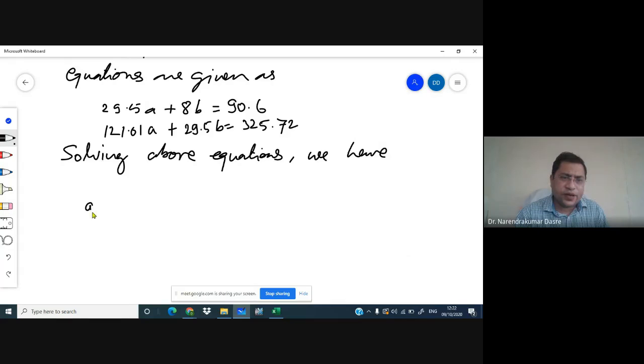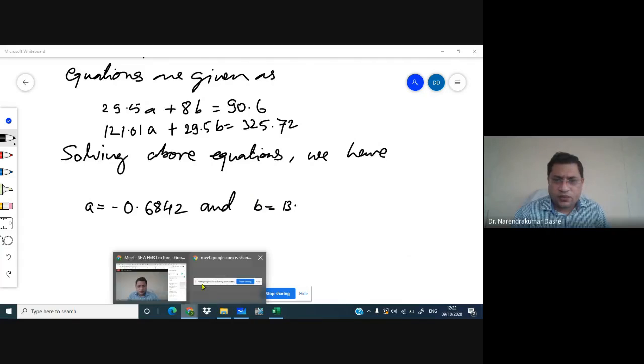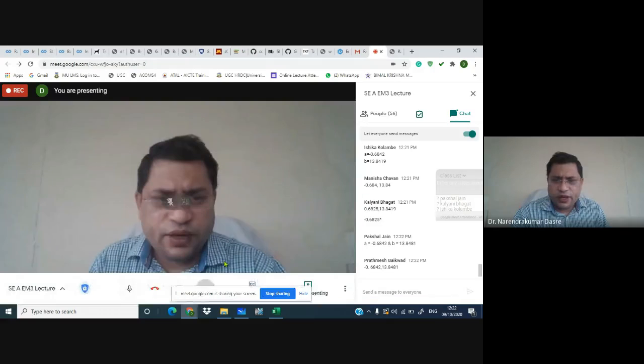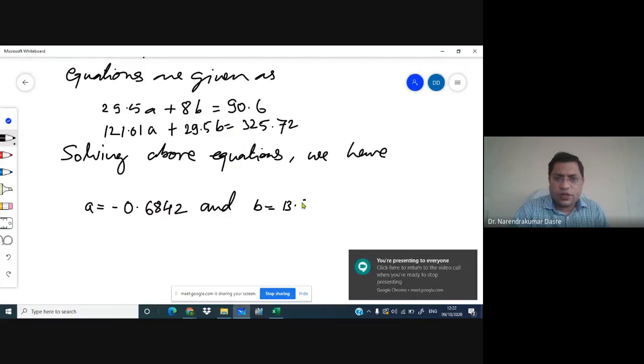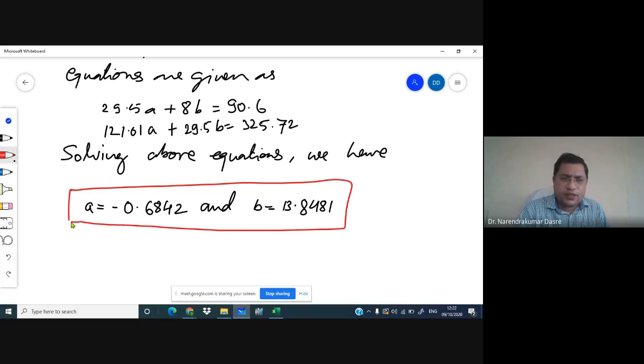So here we are getting A is equal to minus 0.6842 and B is equal to 13.8481. So these are the values that we accept.